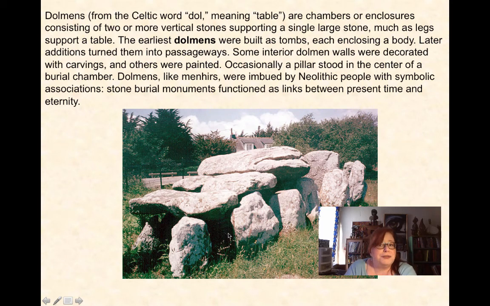The earliest dolmens were built as tombs, each one enclosing a body, and then later additions turned them into passageways. We see these particularly in Ireland, and a lot of these would on the inside have engravings or paintings and so forth, and they were imbued by Neolithic people with symbolic associations.